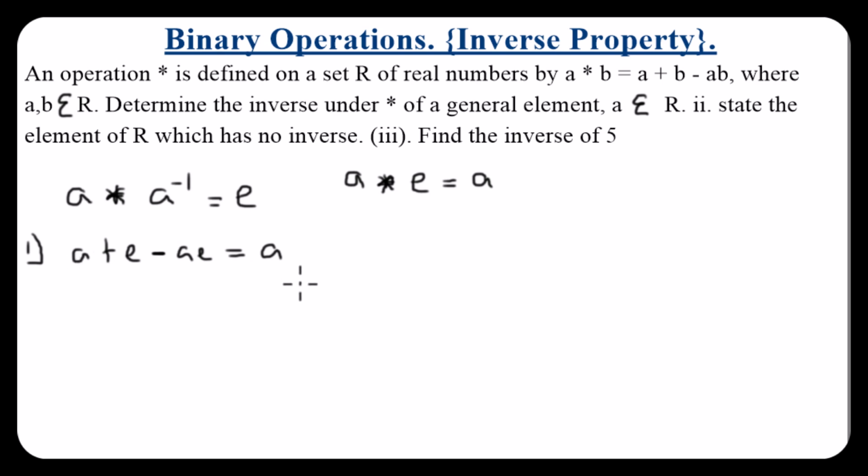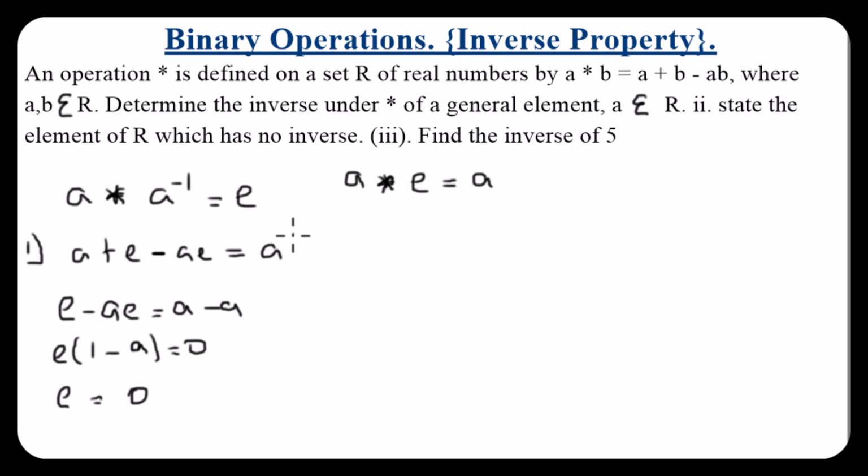By simply taking A to the other side. So this becomes E minus AE is equal to A minus A, and A minus A gives us 0. Factorizing this, I have E(1 minus A) is equal to 0, and dividing both sides by 1 minus A, I have E equal to 0. So I'm done with the first part.